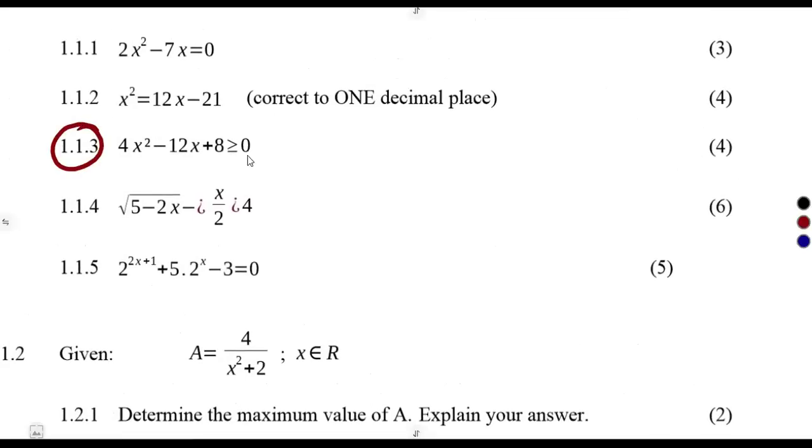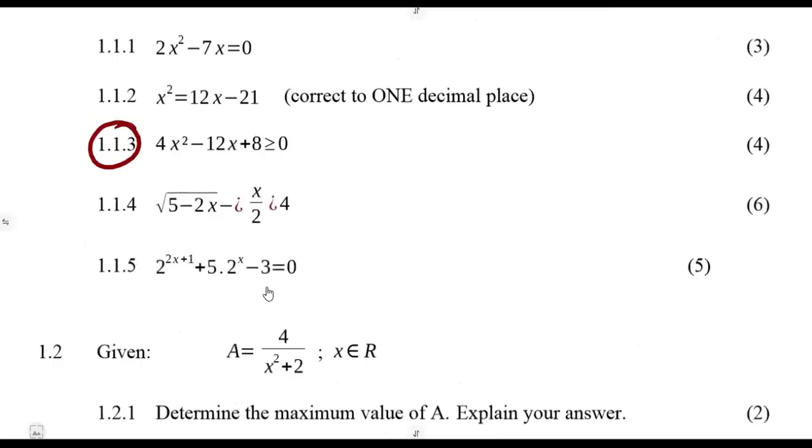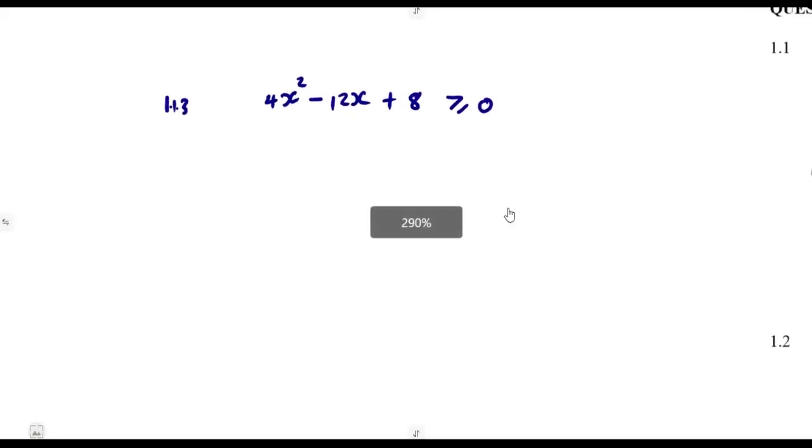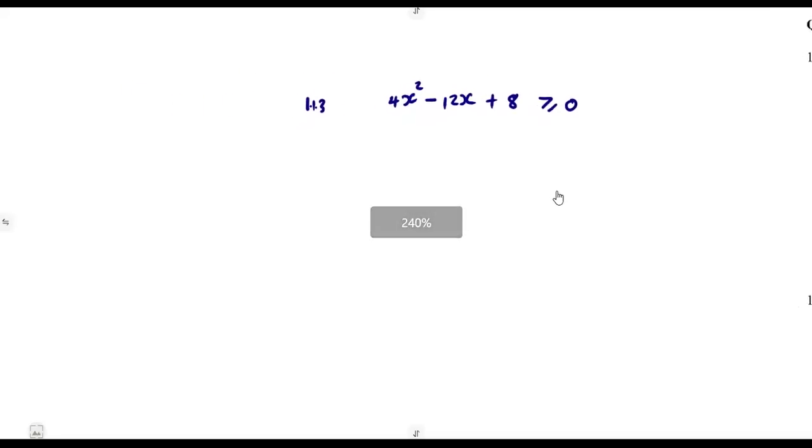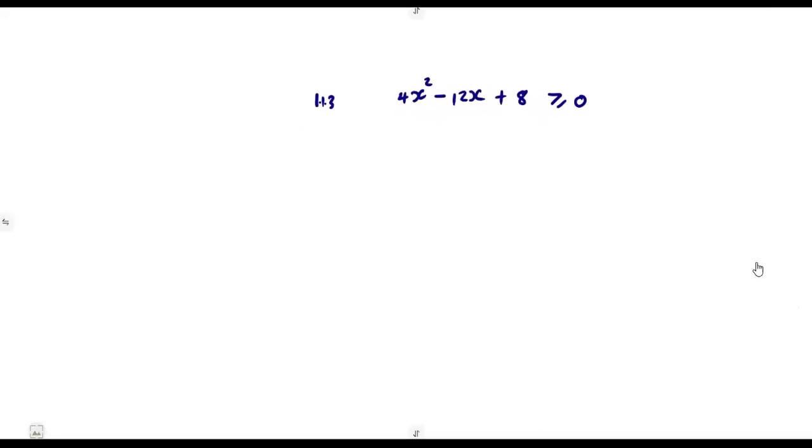On 1.13, this is an inequality that you're given for 4 marks. All right, so let's consider our inequality aside here. Let's see what we were given. So this is 1.13. You were given 4x squared minus 12x plus 8 is greater than or equal to 0. So remember, when solving these quadratic inequalities, guys, what you need is to have the critical values, this and that.